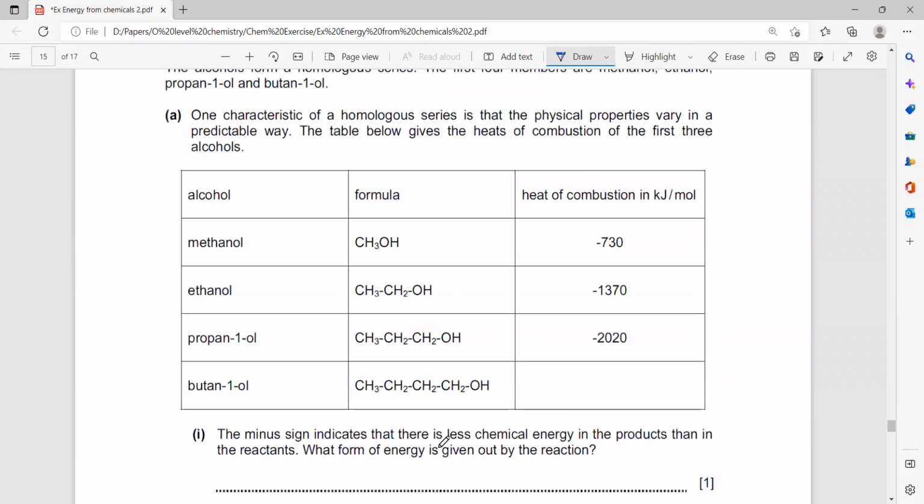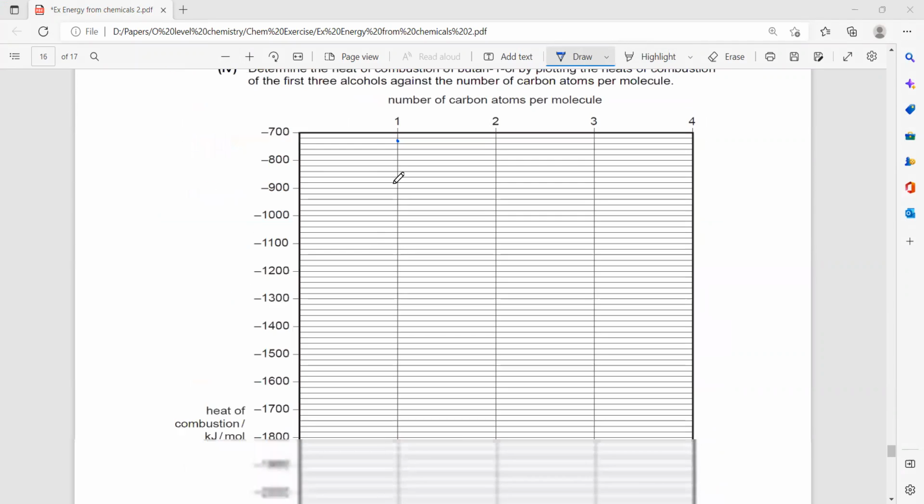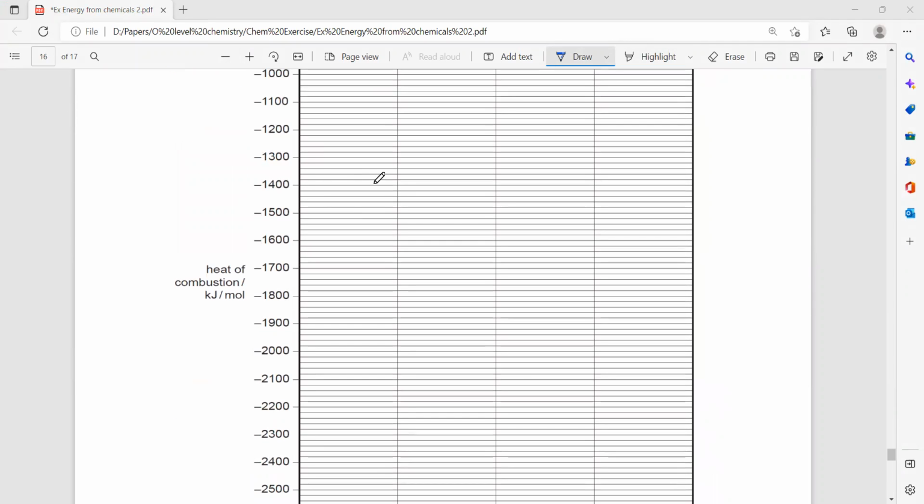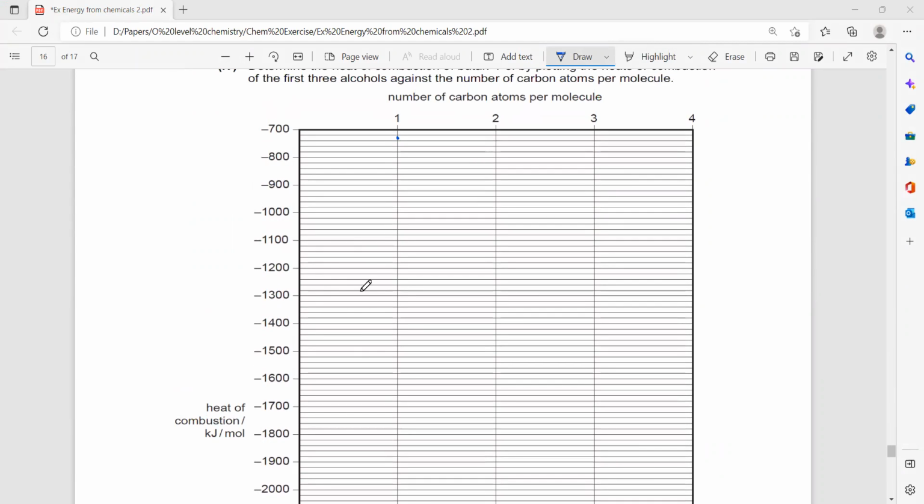Next, I have 1370. So this is 1300, this is 1320, 40, 60, 80.